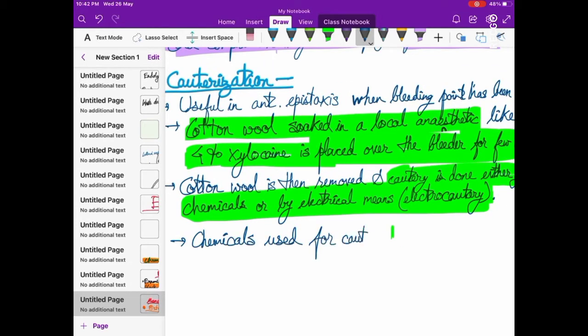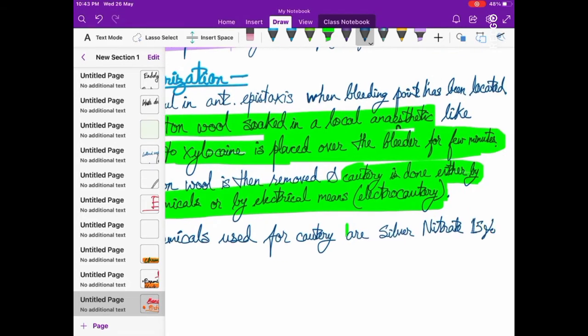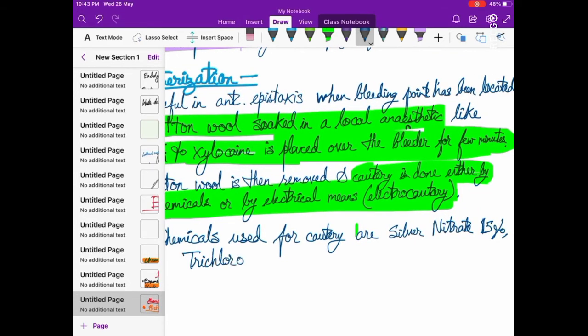Chemicals used for cautery are silver nitrate 10%, trichloroacetic acid 50%, phenol, chromic acid.